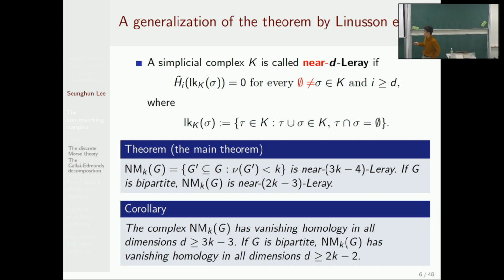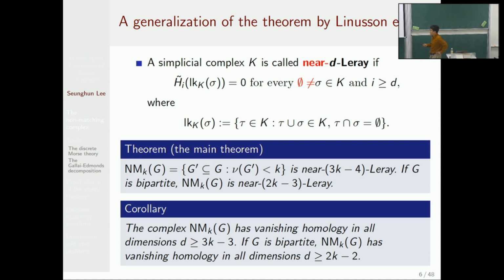And further, if G is bipartite, the non-matching complex is near 2k minus 3 Leray. This is our main theorem, and this corollary can be considered as a slightly generalized statement of Linusson's previous result.